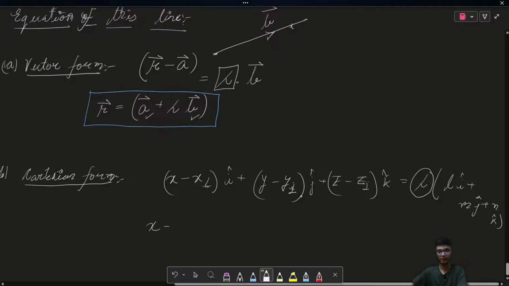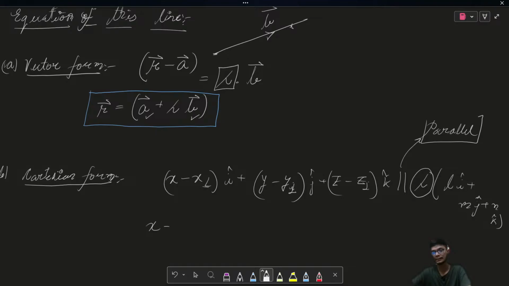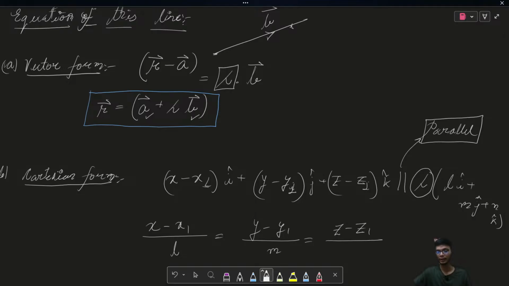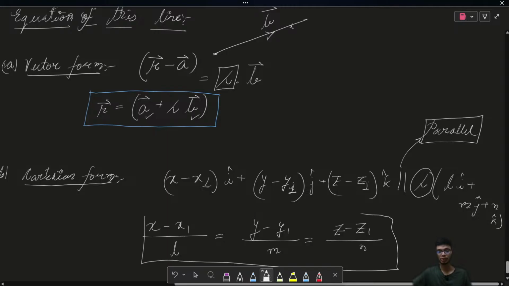I should not write equal, I should write that these two vectors are parallel. So these two vectors are parallel vectors. Therefore, the ratios of the individual components would be constant. That is, x minus x1 by l is equal to y minus y1 by m is equal to z minus z1 by n. This is how we obtain the result for the Cartesian form of the straight line.